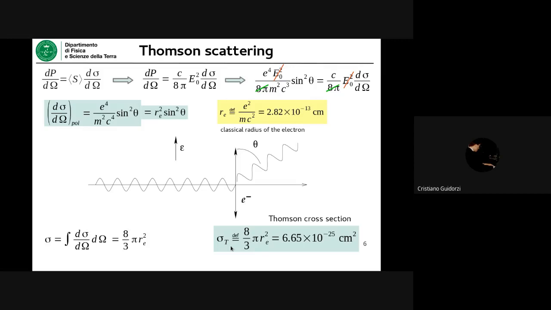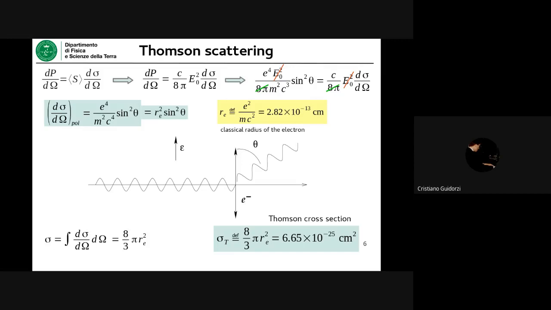So if you have a very classical and to some extent naive picture of an electron as a small sphere, this works as the cross section of the sphere, as seen from the point of view of an electromagnetic wave, or from the point of view of a photon.